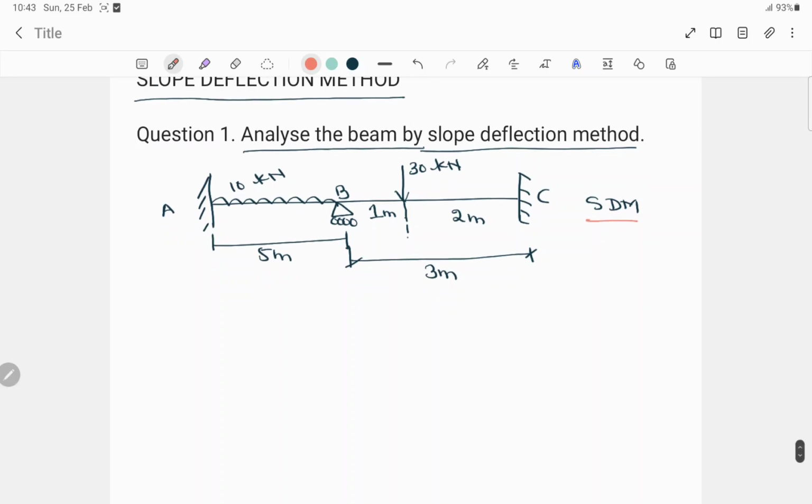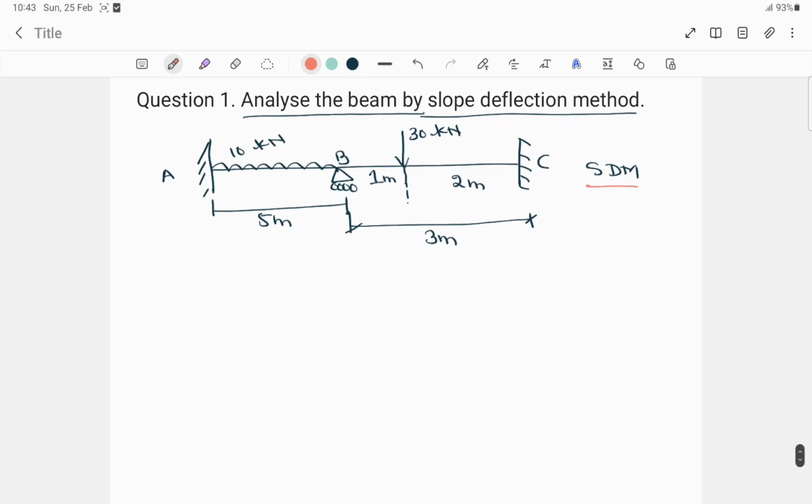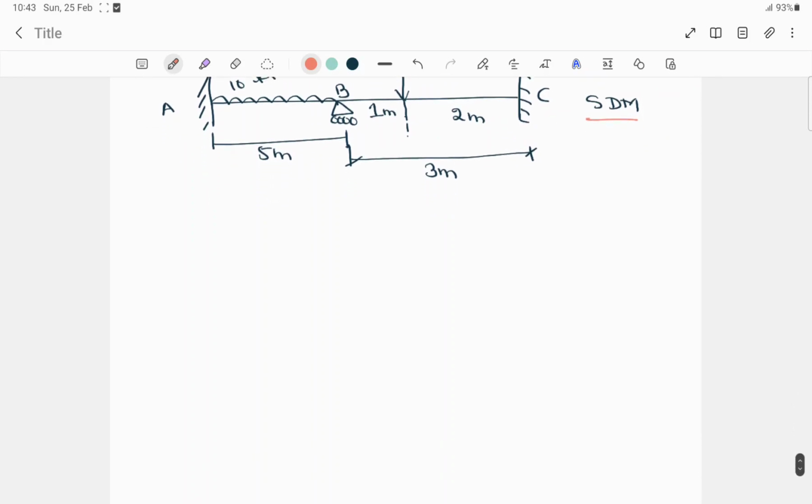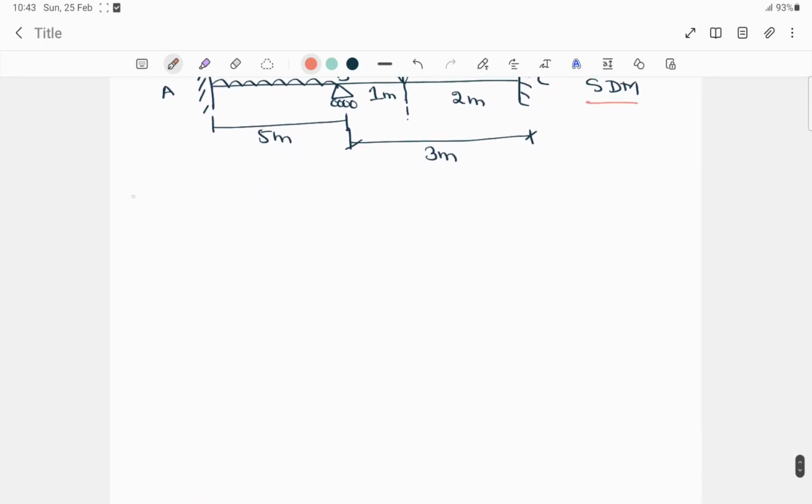Now as I already mentioned in my previous video the steps of the slope deflection method, we'll follow the steps here in this problem. So the first step is to find FEM.